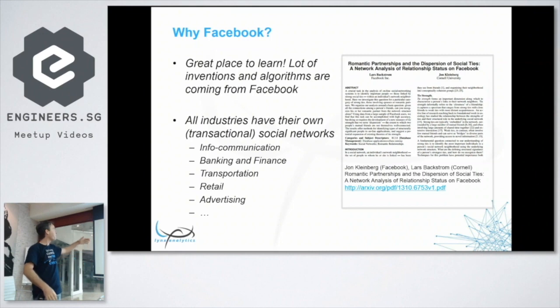So if Facebook is able to find romantic partnership in Facebook data, then quite likely DBS would also be able to find romantic partnership in DBS data. Different likelihood, different probability, different number of training samples, but this is basically the concept.